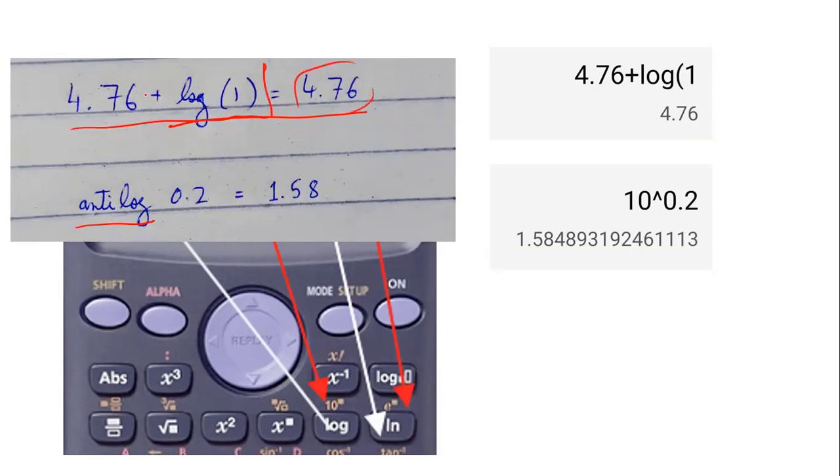You type 4.76, the plus sign, then log, the bracket will automatically appear, then whatever the value is, you can close it or not, just hit equals, and this will be your answer. So taking log is easy. This is the log button you will see on your calculator. Is this clear?